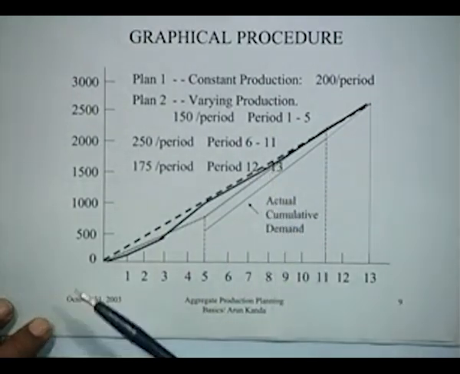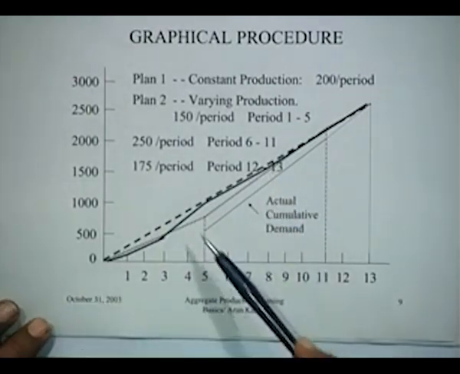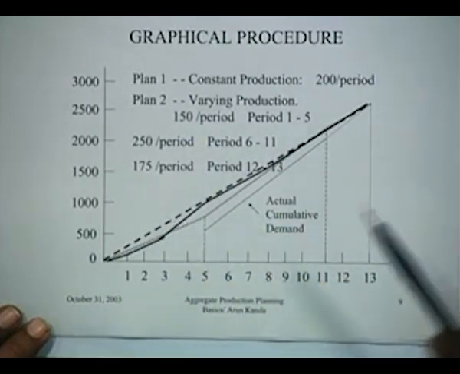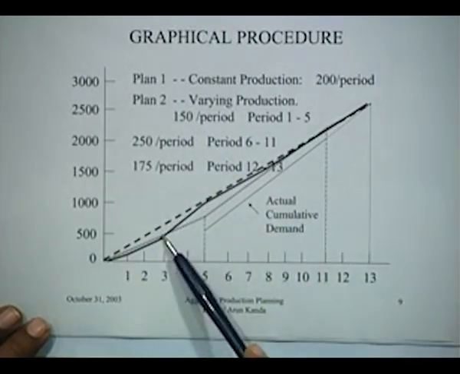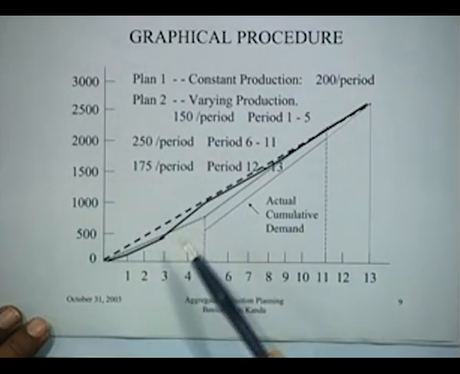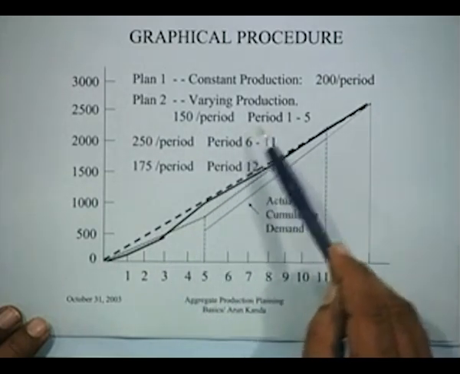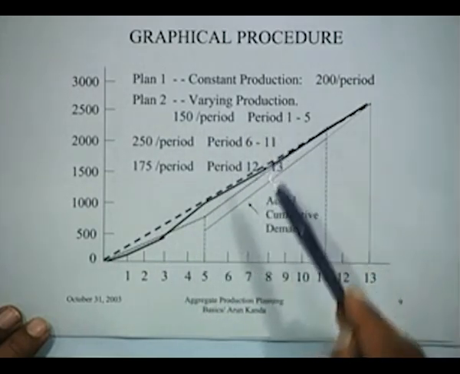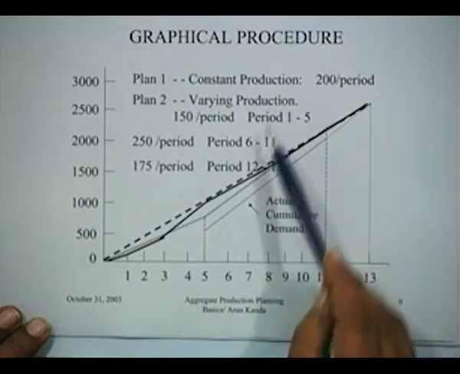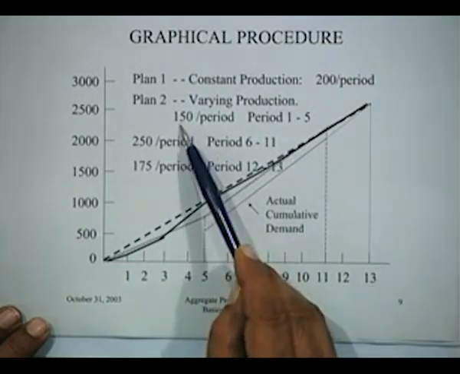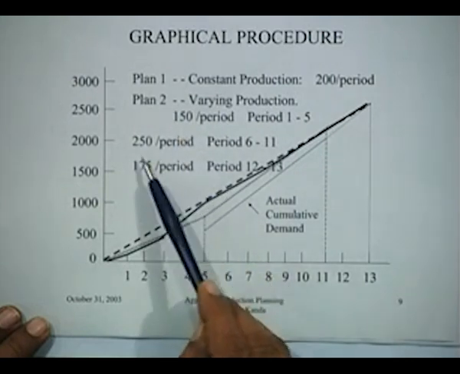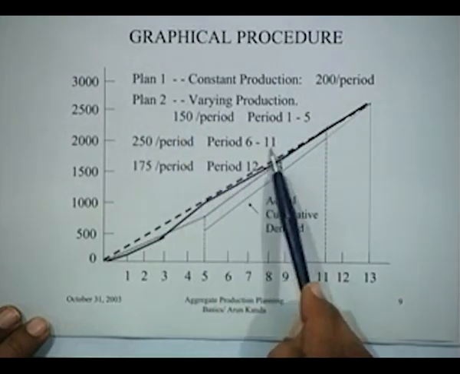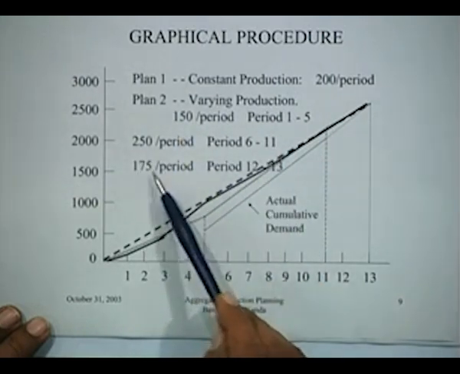So, what have we got? What is the advantage? The advantage is that this is like a compromise plan. It shows that there will be some holding inventory, some shortages, but the number of changes in production is limited, because during the entire planning horizon, in the first 5 periods we keep the production level at 150, then we change it to 250 during this period, and then we change it to 175.